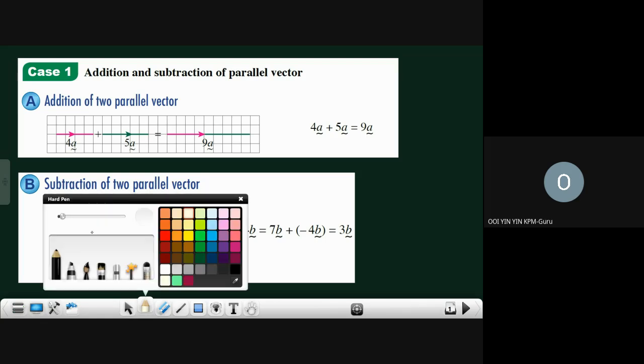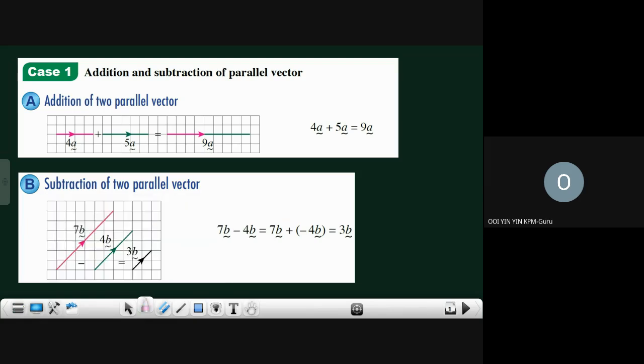A very basic thing about vectors, addition of vectors. Don't think it's only addition and subtraction, don't think it's easy, later you get dizzy and don't know which direction, because the direction, many of you sometimes get confused with the direction. Even though the arrow only has two directions, one or two directions only, right?